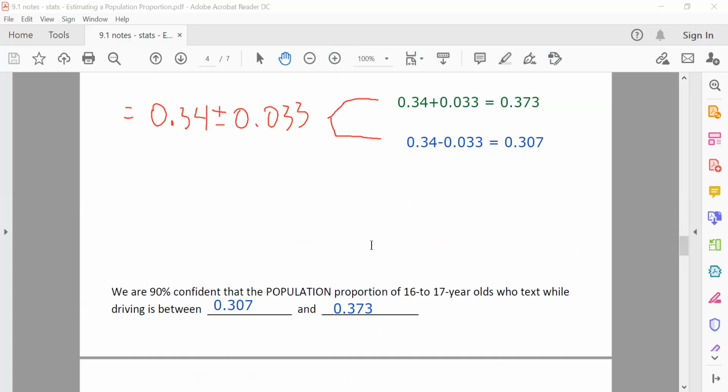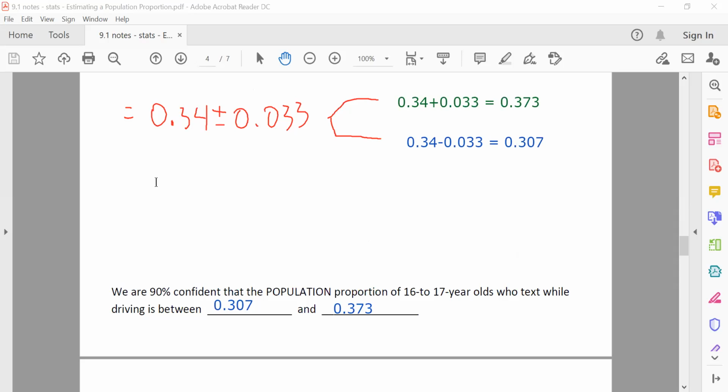So somewhere between about 30.7% and 37.3% of teenagers text while driving. Again, a lot of them are probably lying in that survey, but whatever.